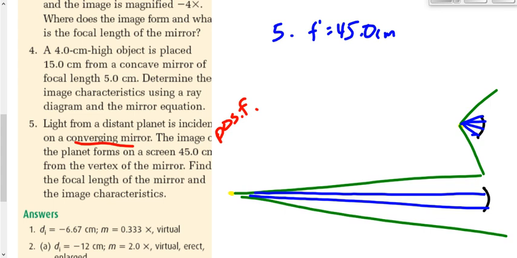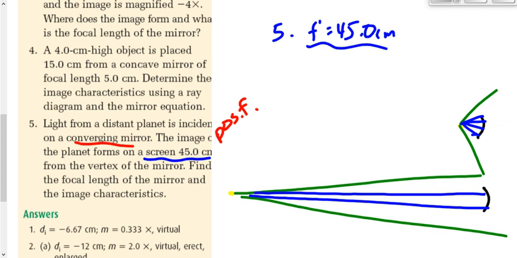The focal point. Now, these ones aren't necessarily parallel to the principal axis, so if they're parallel, though, they'll still converge at, above, or below the focal point. So in other words, if the image is formed on a screen 45 centimeters away, then that means the focal length is going to be 45 centimeters.